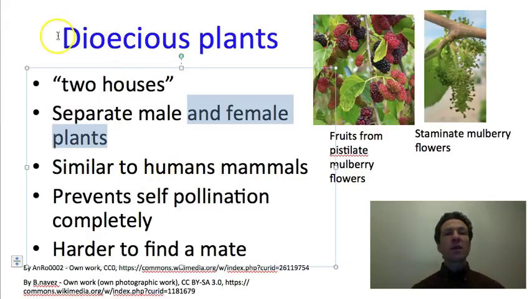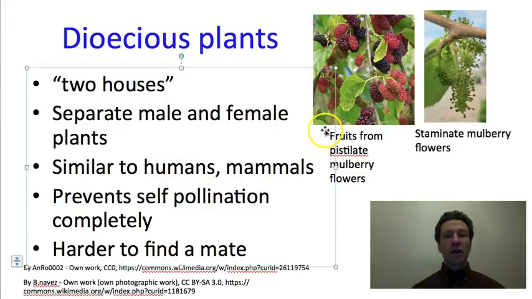So the arrangement of being dioecious, two houses, this is what we're used to for both humans and other mammals. We have female individuals or we have male individuals. And the advantage of this in terms of reproduction is this completely eliminates the possibility of self-pollination, because where the pollen's made, there are no flowers with pistils to receive the pollen and vice versa.